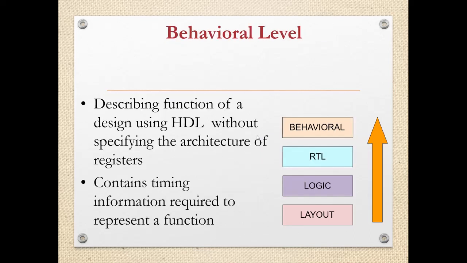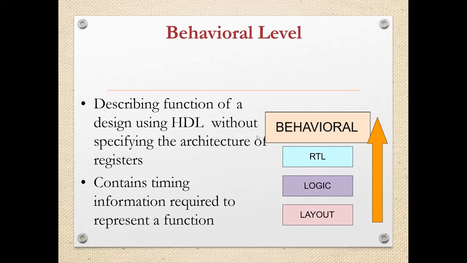And the last level is the behavioral level, describing the function of a design using HDL without specifying the architecture of registers, and containing timing information required to represent a function. This is the highest level of abstraction, and generally we will be writing the code considering only the behavioral level.